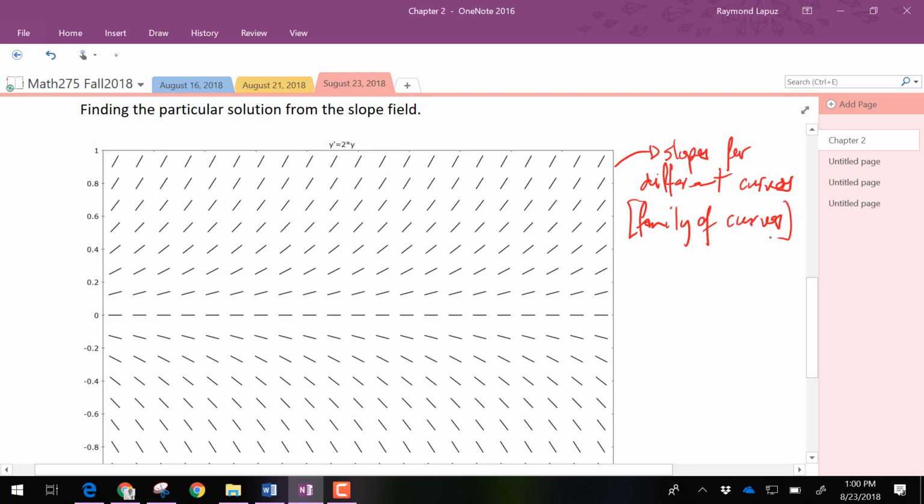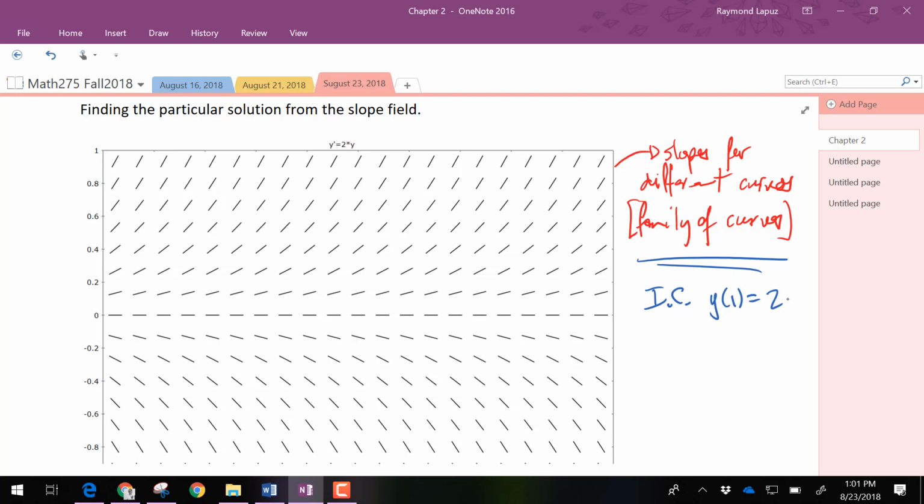For a general solution. Now, if we take your example, I forgot what you guys said, an initial condition such as y of 1 is equal to 2. We don't have 2 here.